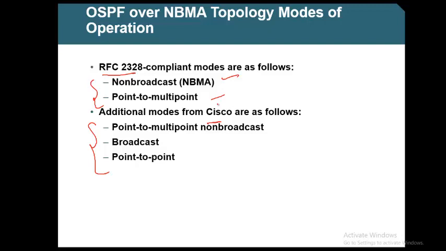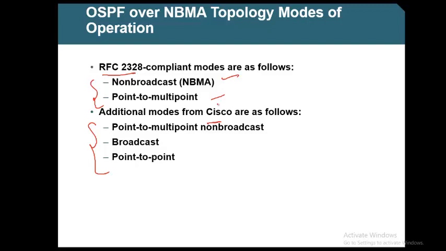Only Cisco has an additional 3 modes: point to multi-point non-broadcast, broadcast, and point to point. See? So non-broadcast is the default mode. The other 4 you can change if you want.